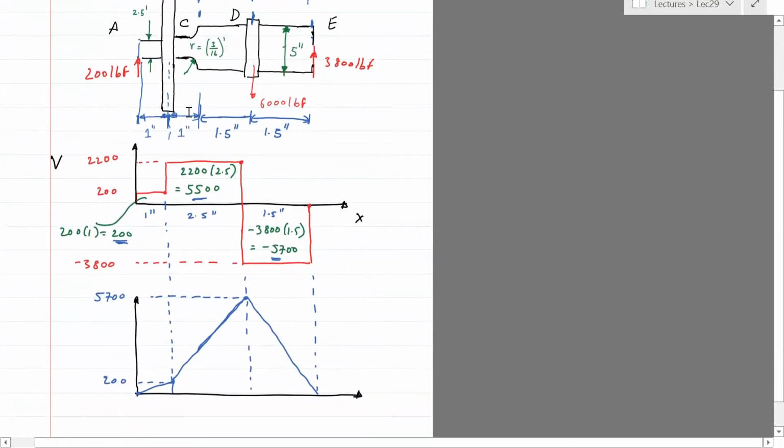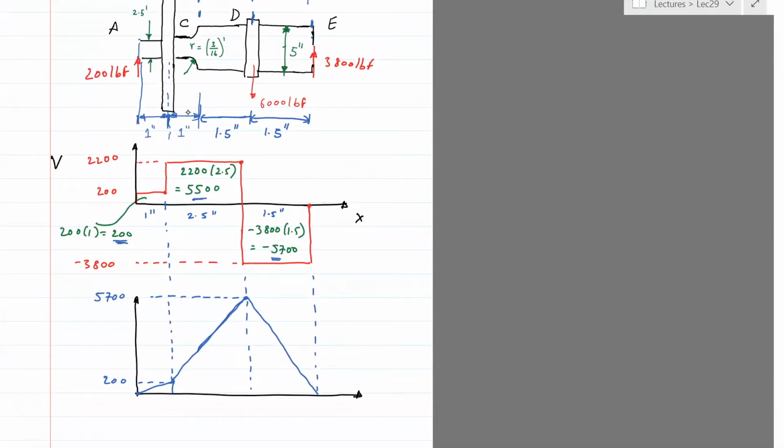Okay, and then one point of interest, I think, is this point where there is a sudden change of geometry. So I'm just going to put the value. The way you can find this value is you can split this area into 2 parts.